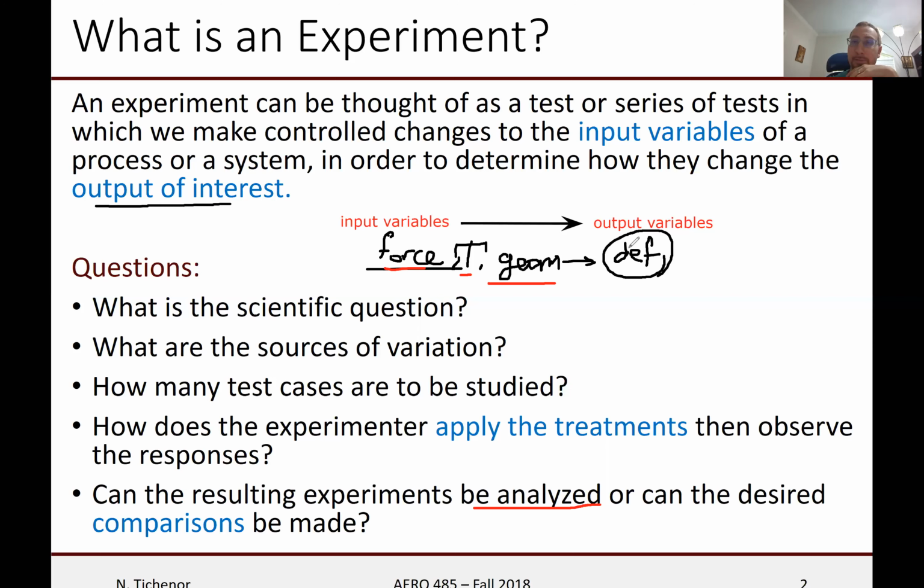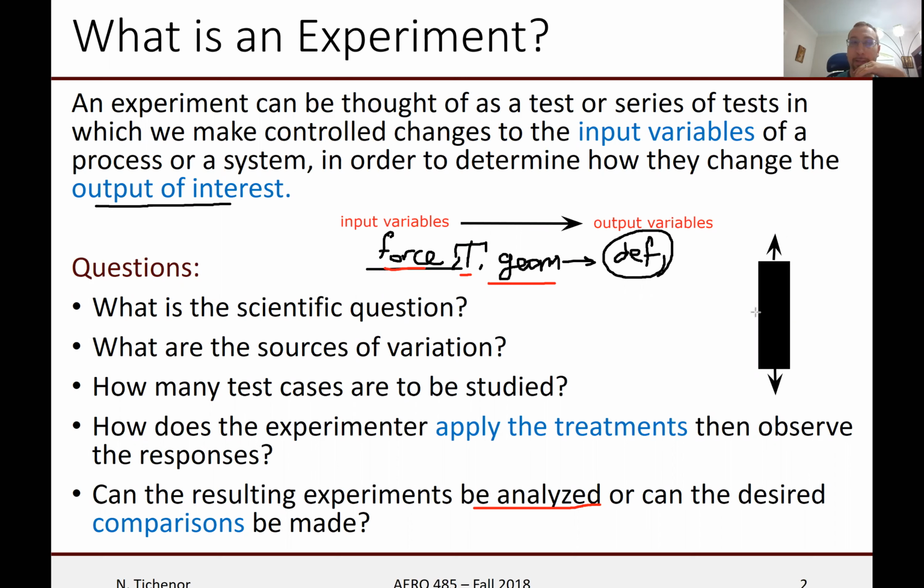For instance, in identifying this relationship between deformation and force, imagine I take a block of aluminum that is this size, and I apply a force here, and I apply a force here, and I measure the deformation of it.